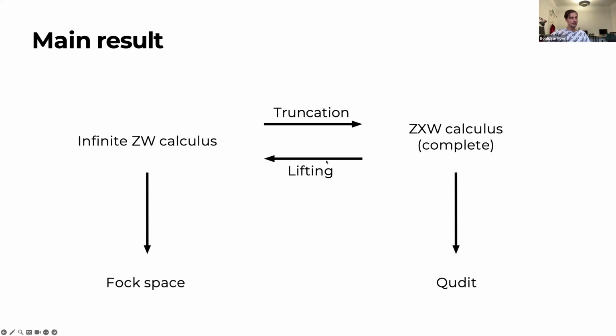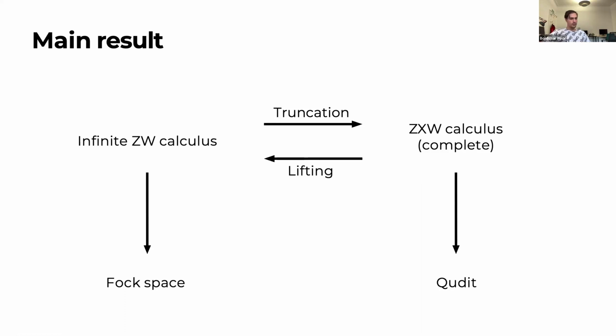We can only lift it back if the states are well defined in the ZW infinity calculus. So states with infinite support can't be lifted back. And that's how we do the reasoning. If you want to do some reasoning in ZW, truncate it, reason here, and lift it back.